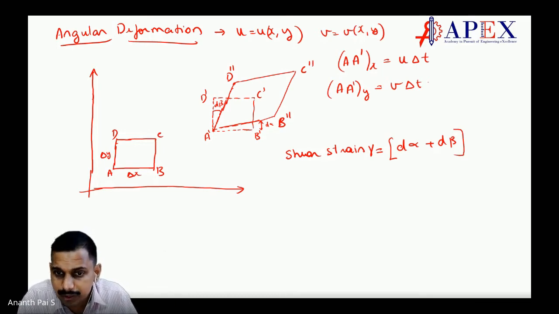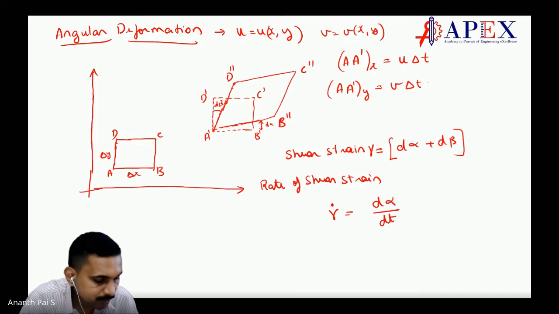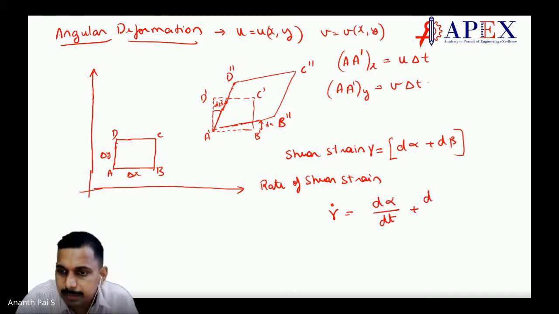Now, the rate of shear strain, we put gamma dot. That is nothing but d alpha by dt plus d beta by dt. Agreed, students?